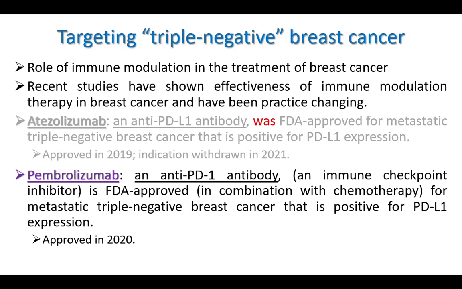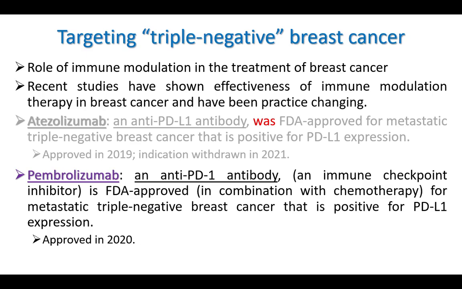It's an immune checkpoint inhibitor. We did these immune checkpoint inhibitors, and I also did these things with you in lung cancer. Yeah? So it's FDA approved and it's used in combination with chemotherapy for metastatic triple negative breast cancers.